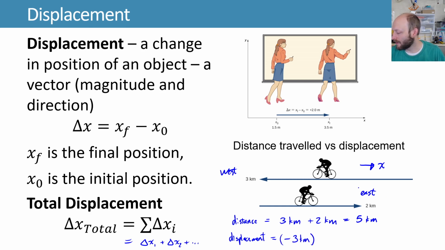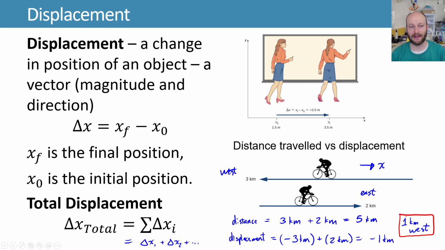Plus then we have the 2 kilometers in the positive x direction, so plus 2 kilometers gives me a total displacement here of negative 1 kilometer. So that's 1 kilometer in the negative x direction, or I might write that as 1 kilometer west. And that's position and displacement.